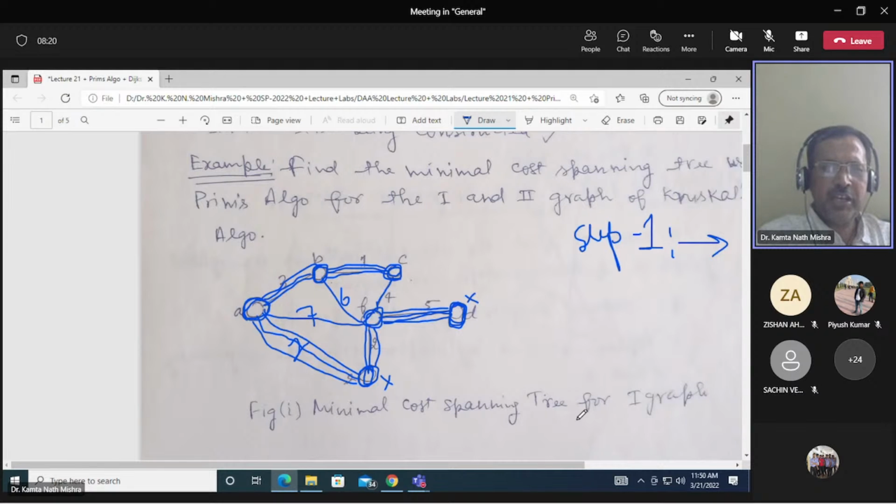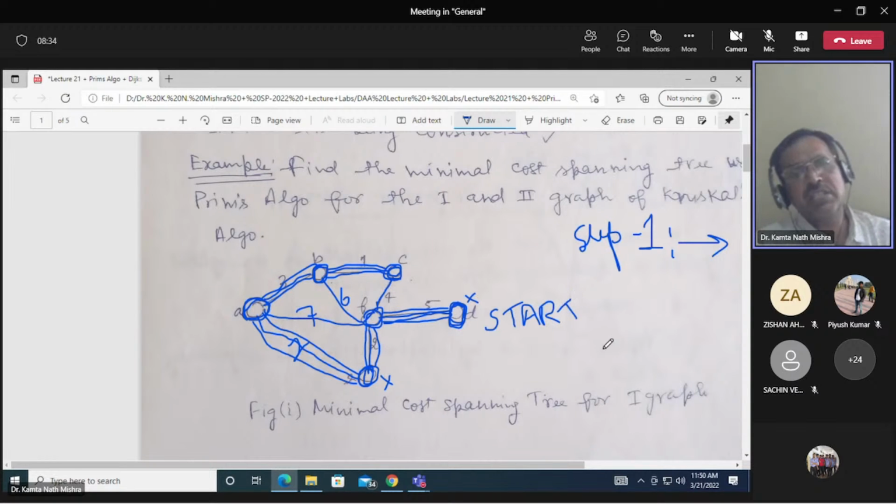What is your minimum cost spanning tree? And remember, this is your start vertex. Always write start on the start vertex. If you are using Prim's algorithm and you don't mention the word start on the start vertex, it will not be correct, because step 1 is to select any vertex as the start vertex.